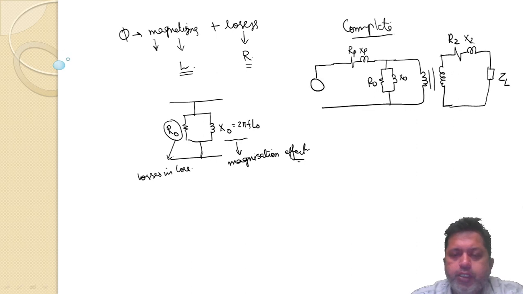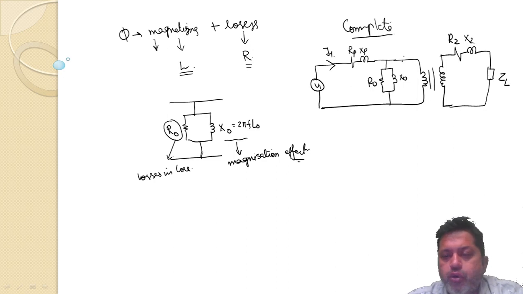This is the supply, and this is current I1. The current flowing in this branch is called the no load current I0. This current is I dash. The EMF induced in the primary winding is E1. The EMF induced in the secondary is E2.